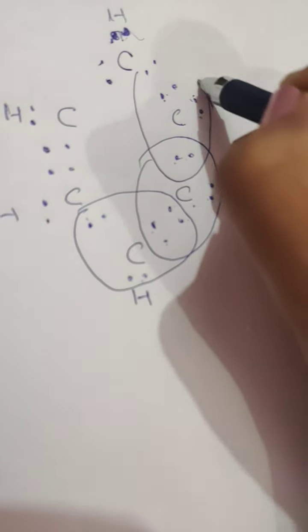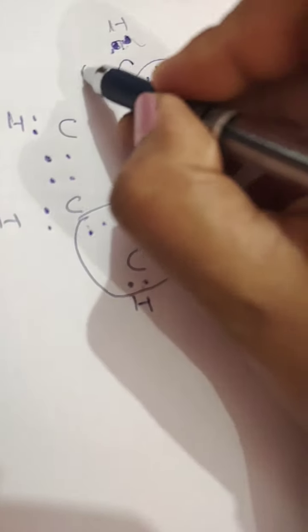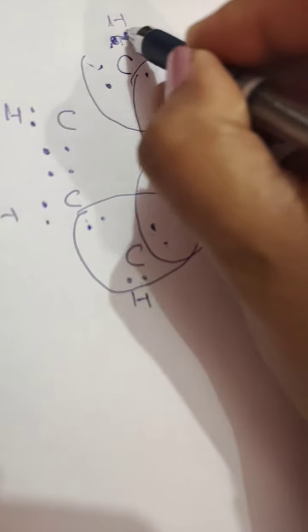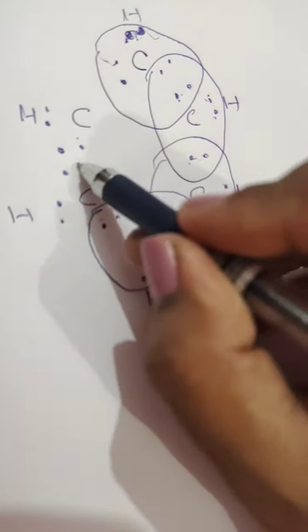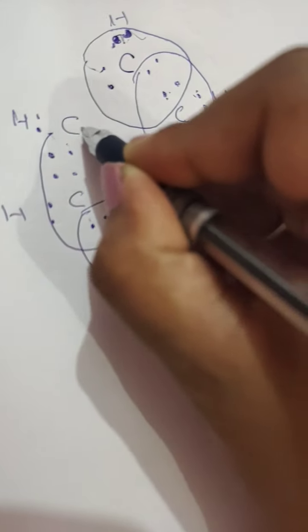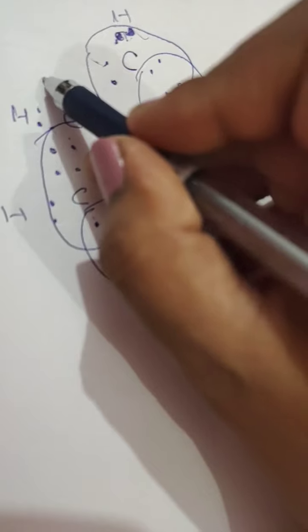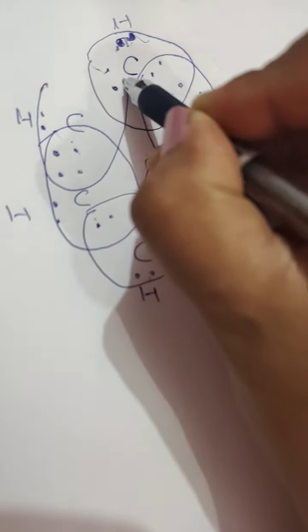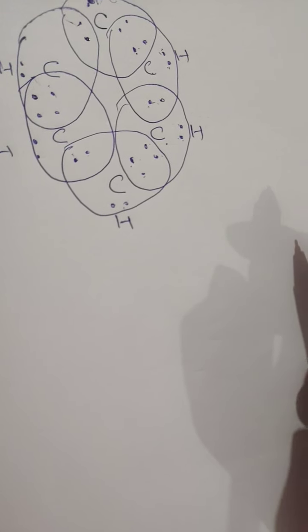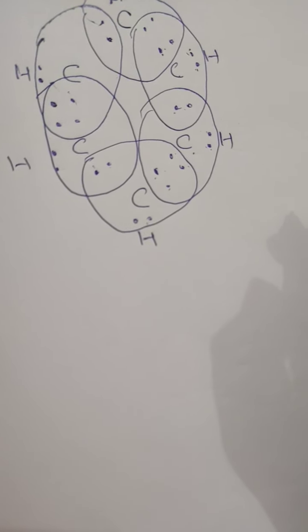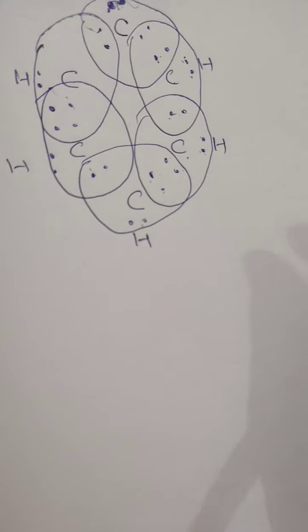This C again has 8 electrons, and this also has 8 electrons. Okay, so each C has 8 electrons, so this is a cyclic unsaturated hydrocarbon which is called benzene.